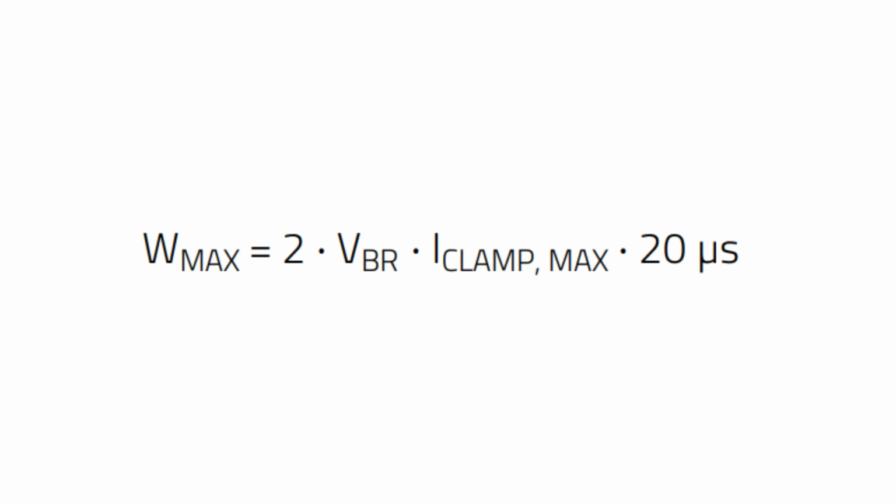Again, we want to calculate the energy consumption and the power loss. So to further simplify our calculation, it's assumed that the pulse is a rectangular signal that maintains its max current value over its 20 microsecond duration. Then the energy can be calculated with twice the breakdown voltage, that VBR, and the I clamp max, that's the maximum clamping current.